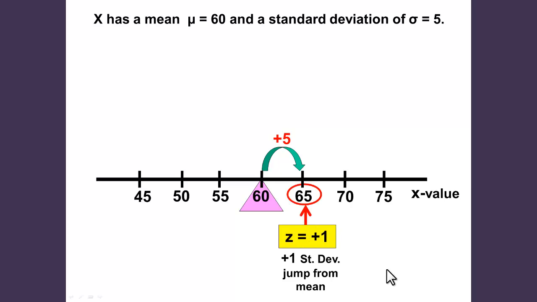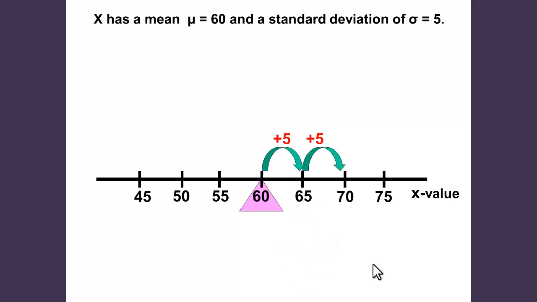And since it moved one jump forward, that's a positive 1 jump, so its z-score is a positive 1. Positive 1 standard deviation jump from the mean. So its corresponding z-score is a positive 1.